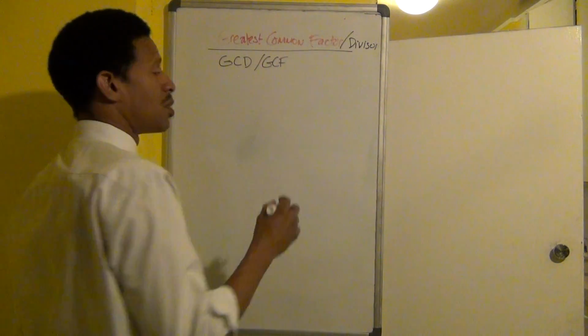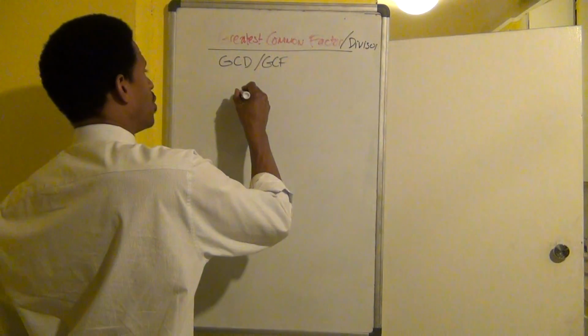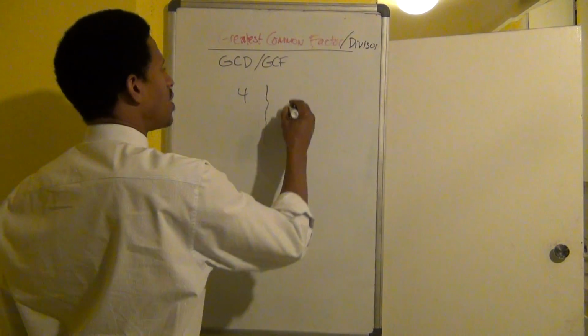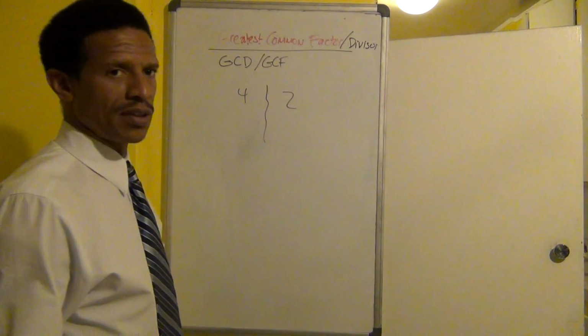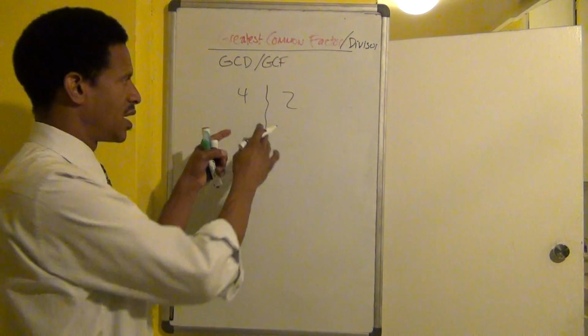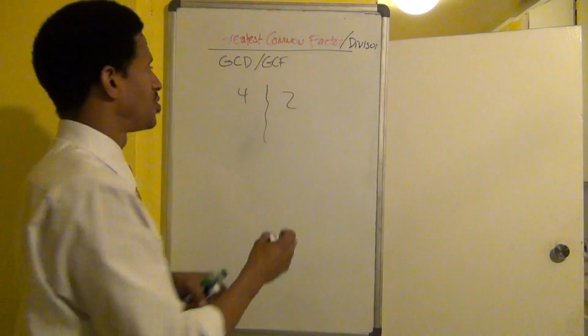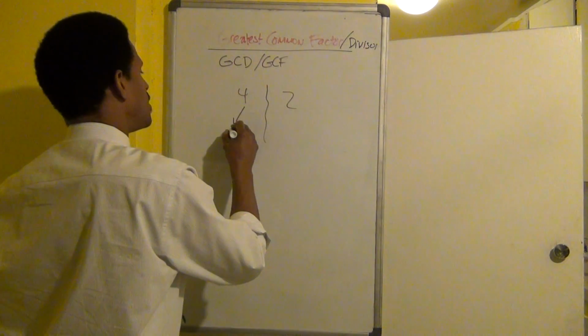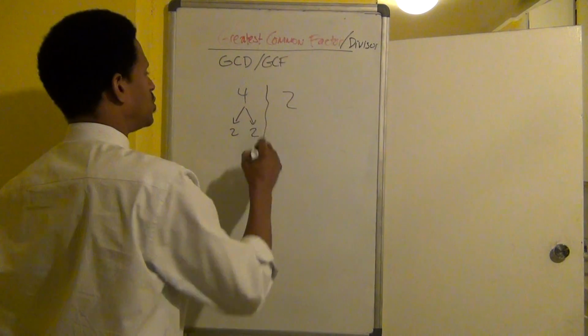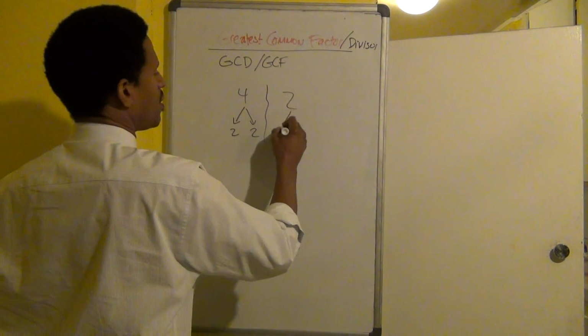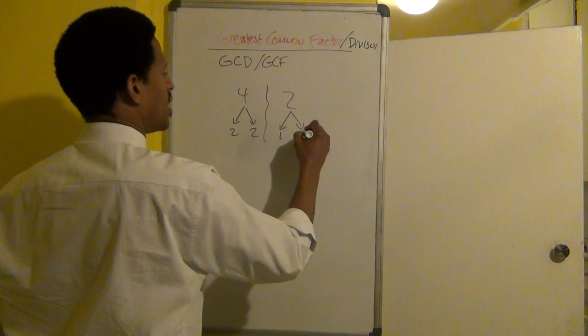Let's say I have the number, and we'll start with a very simple number. Let's say I have the number 4, and I have the number 2. If I was to lay out the factors, or the numbers that can be multiplied to equal this, you would see I could have 2 times 2. Here, I'd have 1 times 2.